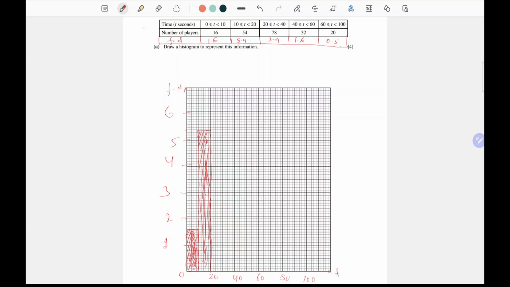Okay, next is, guys, 3.9, 20 to 40, but 3.9 is from here. Okay, then 40 to 60, 1.6.